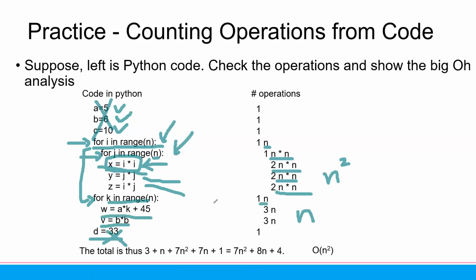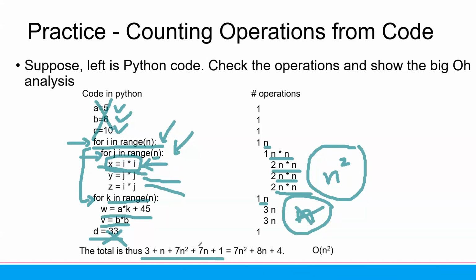Overall, we get n power of 2, which is the higher term, and we have n, which is the lower term. And as we learned before, we can drop the lower term. If you want to calculate one by one, you will get this notation for the mathematical expression.